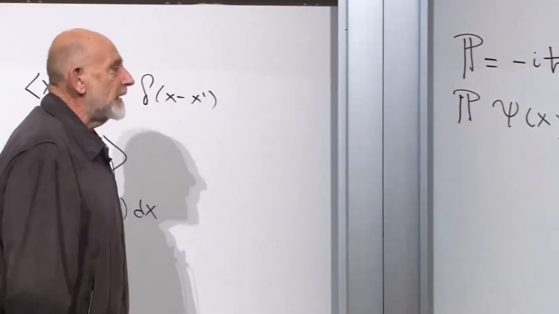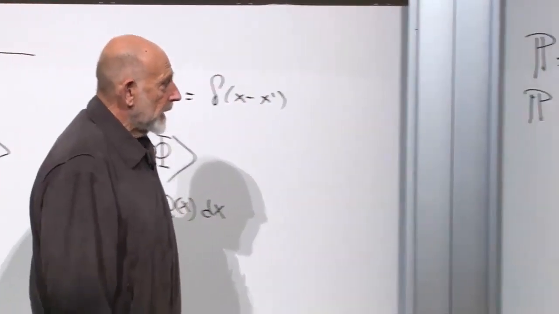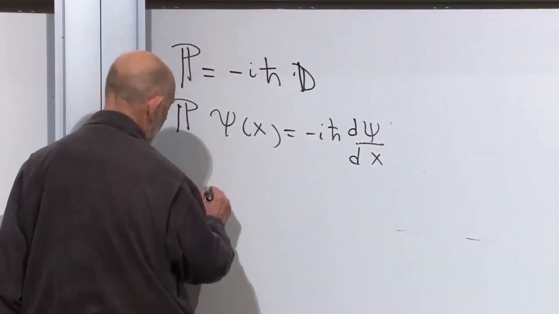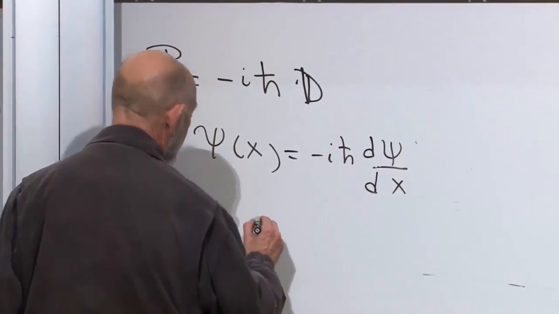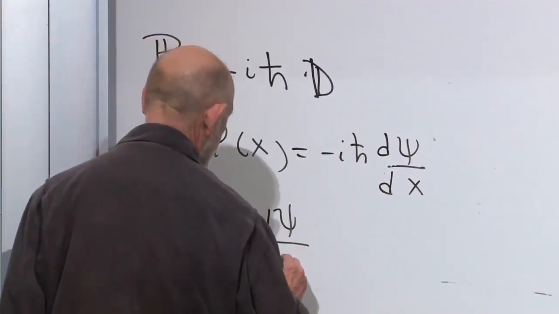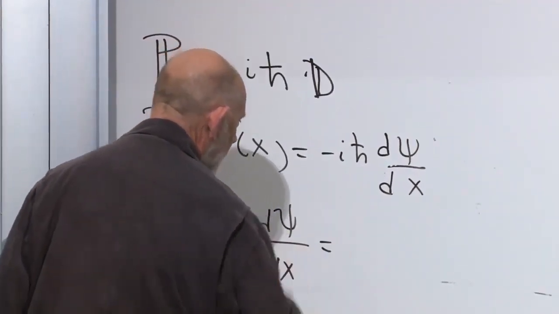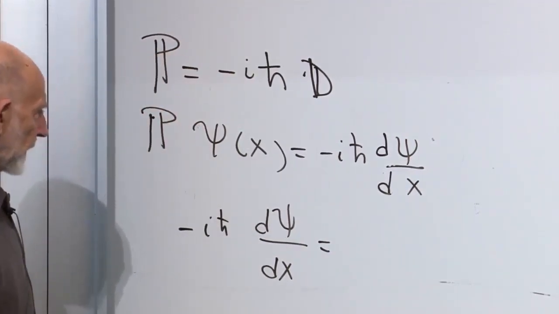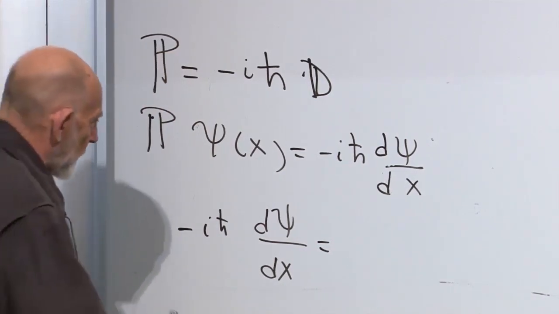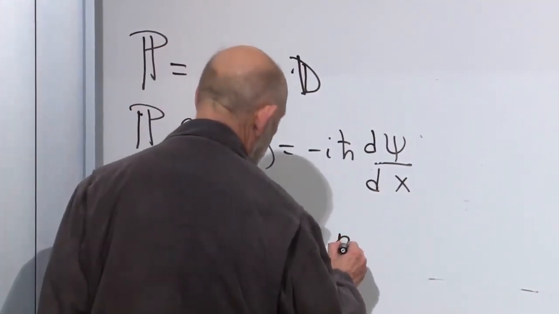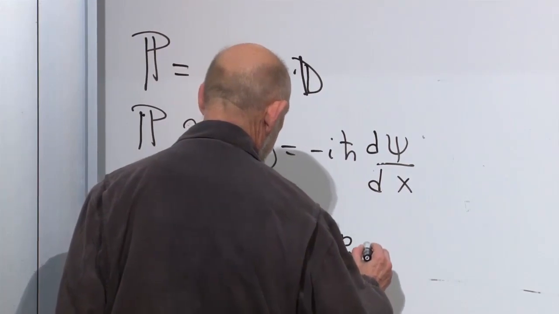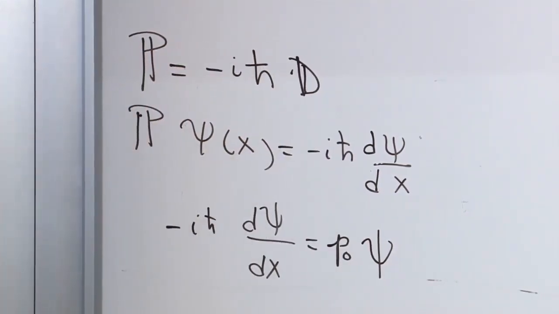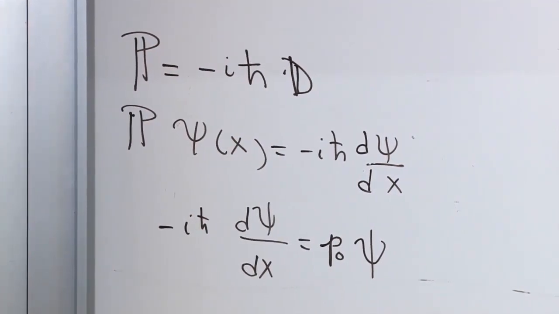Next question, what are the eigenvectors of the momentum? The eigenvectors of the momentum satisfy P on psi, or minus i h bar, d psi by dx, equal to some eigenvalue, some observable value or some possible outcome of an experiment, let's call it P naught, times psi. And this, of course, P naught is a number. It's the eigenvalue.